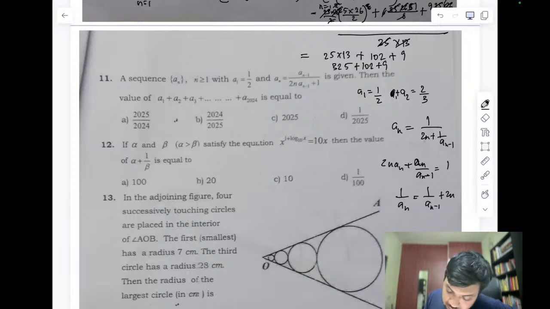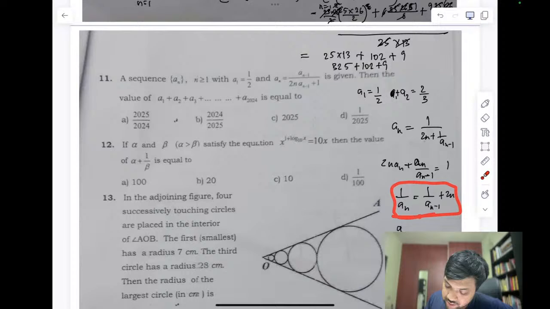Right? But if you want to write a1 minus an, then what will happen? I don't know how you'll telescope actually. So you can basically find out all the terms of the sequence using this recursion and then finally calculate, I think.